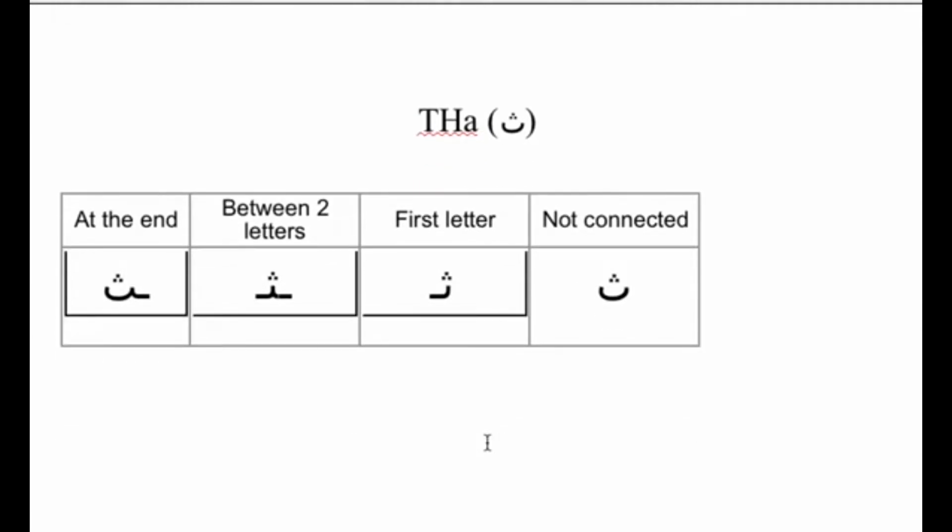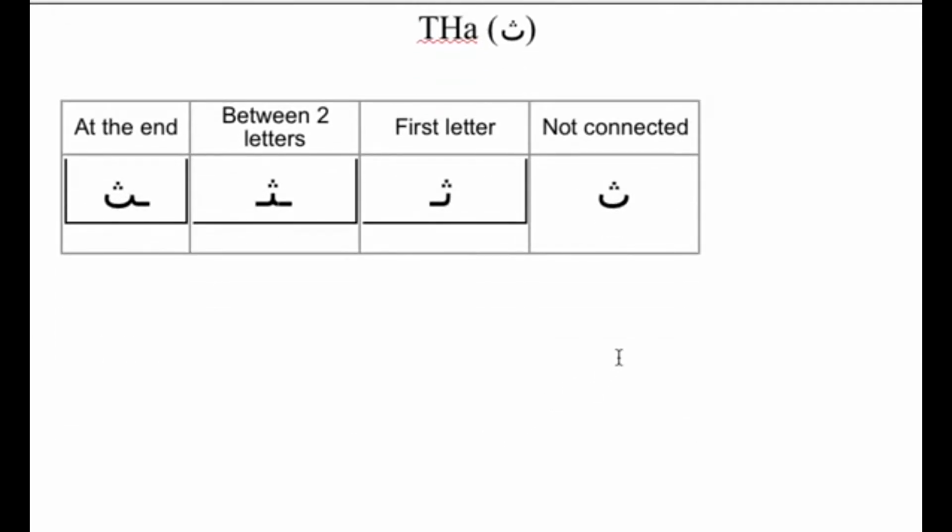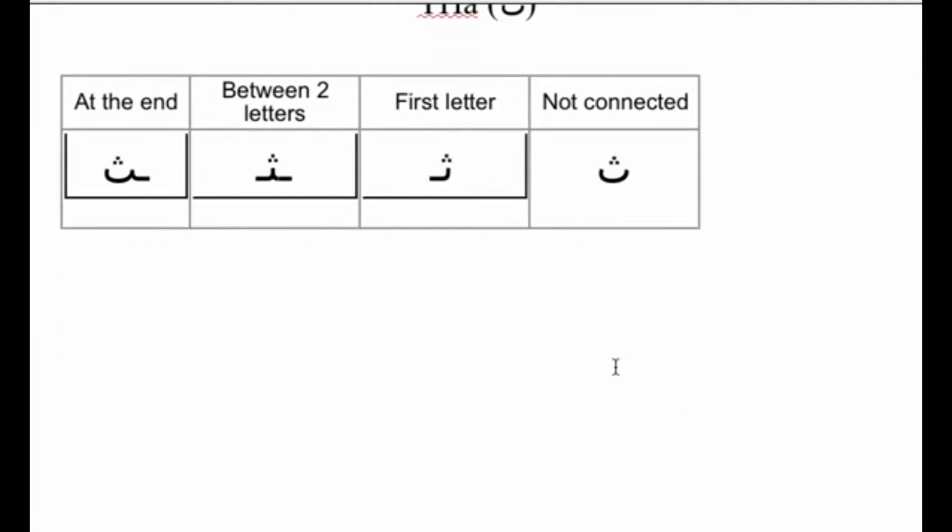Very simple. So let us see how we write it down using the pen. It's almost the same as how we wrote the letters Ta and Ba. The only difference is that this one has 3 dots at the top.